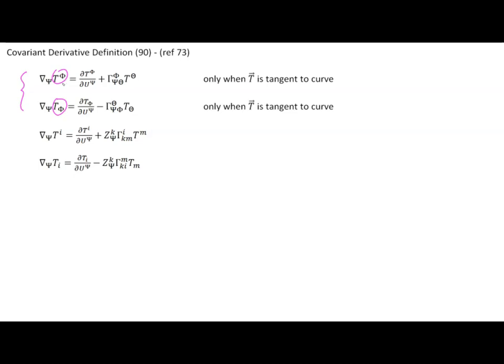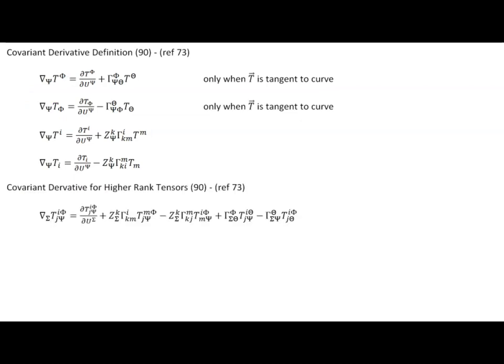For a curve, that means that these vector components have to relate to a vector that lies tangent to the curve. Other than that, everything is the same. And we can extend these definitions for higher ranks like this, and we can also apply the chain rule. So there's really nothing new to add about the covariant derivative than what we've said in past videos.